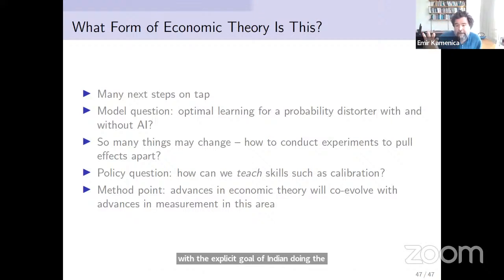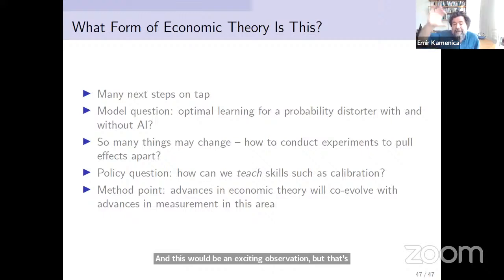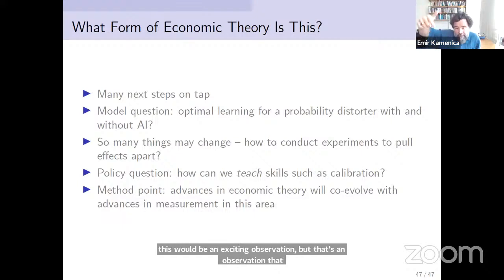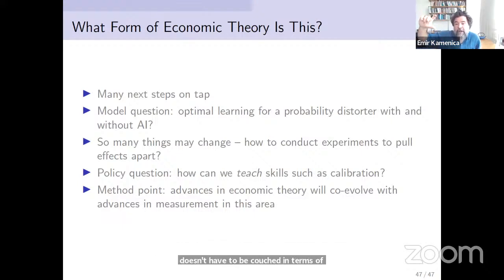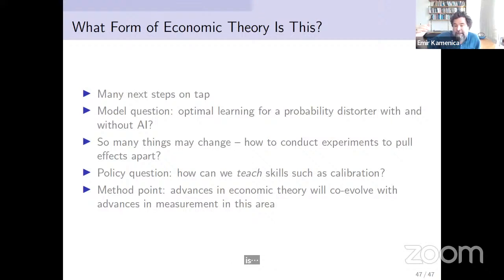Now, it could be, and this would be an exciting observation, but that's an observation that doesn't have to be couched in terms of the implicit cost function, that training using a loss function which is not the ground truth welfare is better when training on the data set.